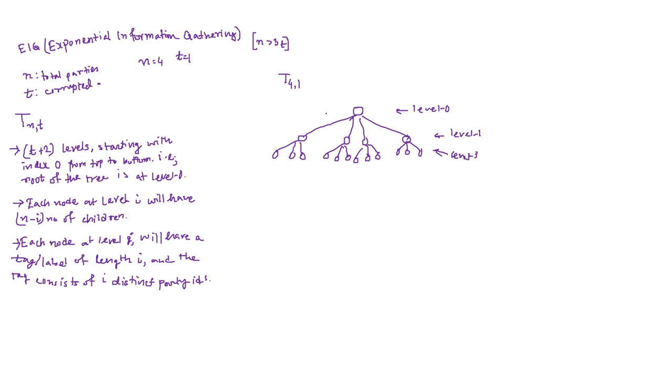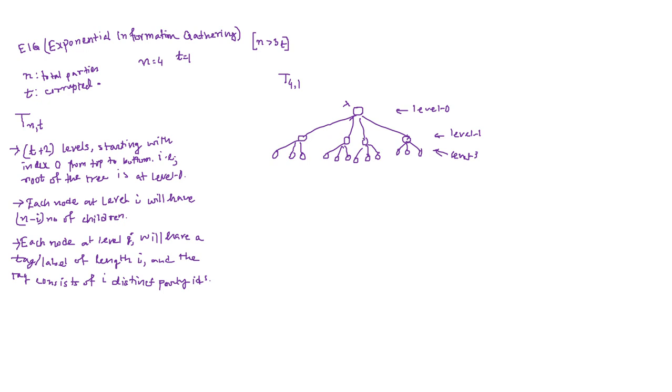So we will see how the labeling is done. We start with the node at level 0. The level 0 node will have a tag of length 0. So a zero length string, let's denote it with lambda. You can consider it as an empty tag, denoted with a special notation lambda. It does not have any length actually.